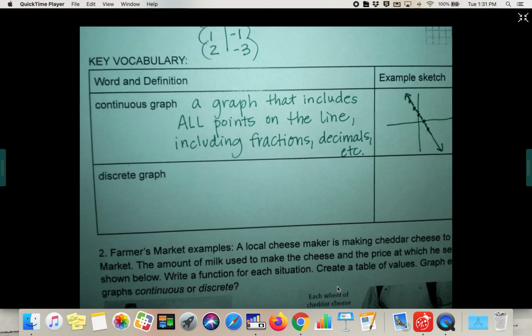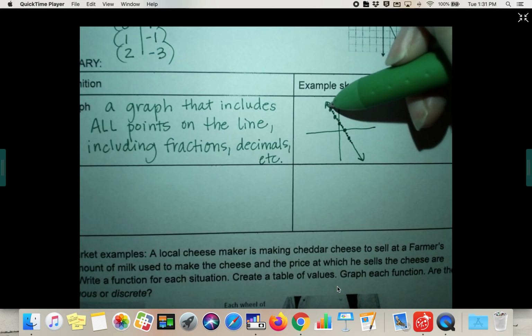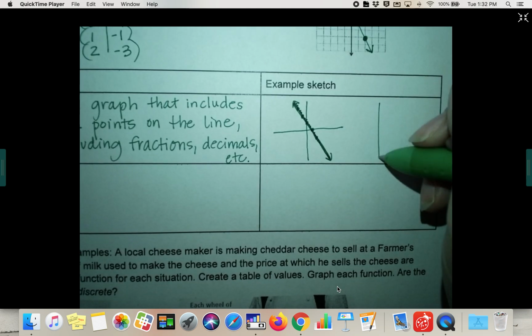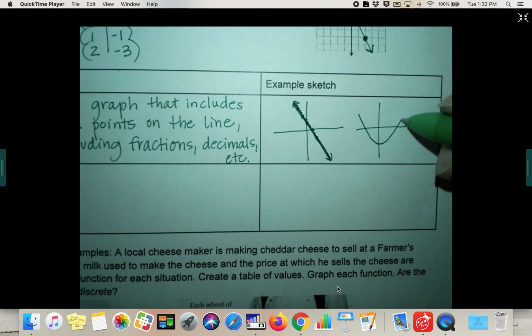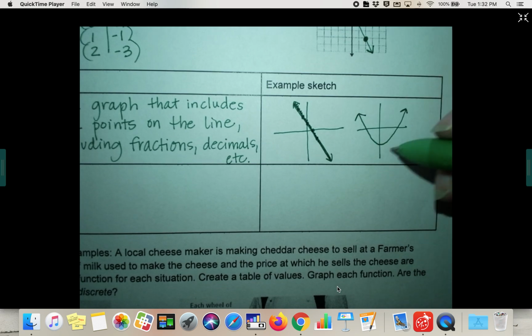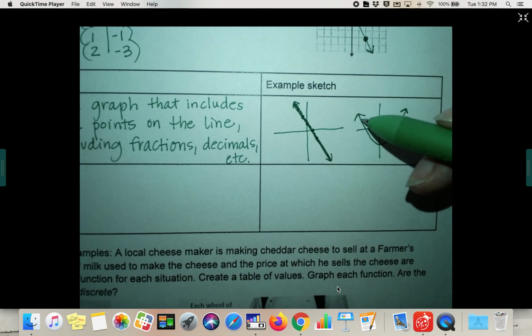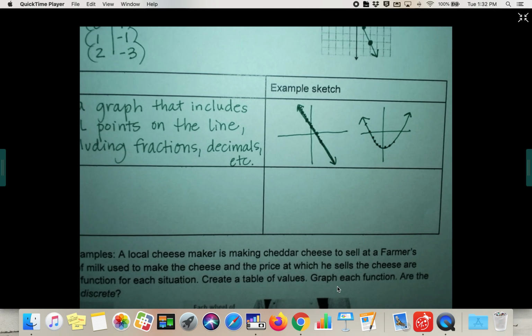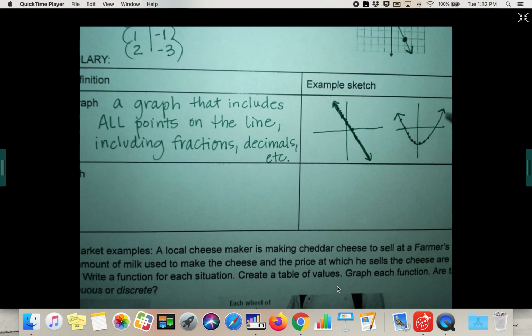So that would be a continuous graph. It doesn't also have to be a straight line. It could be a curved line too. But if it's all the way through and it's connected with arrows on both ends, that means all these infinitely many points would be a continuous graph.